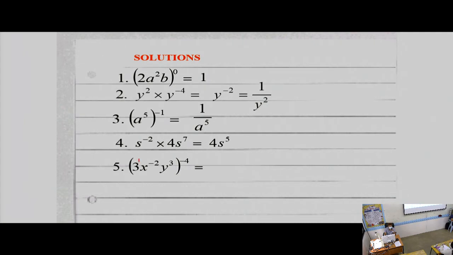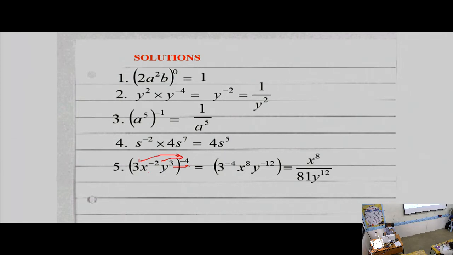So we will have here 3 to the power of 1 to the power of negative 4. That is 3 to the power of negative 4. x to the power of negative 2 to the power of negative 4 is x to the power of 8. And y to the power of 3 to the power of negative 4 is y to the power of negative 12. Okay, that's why we have this.